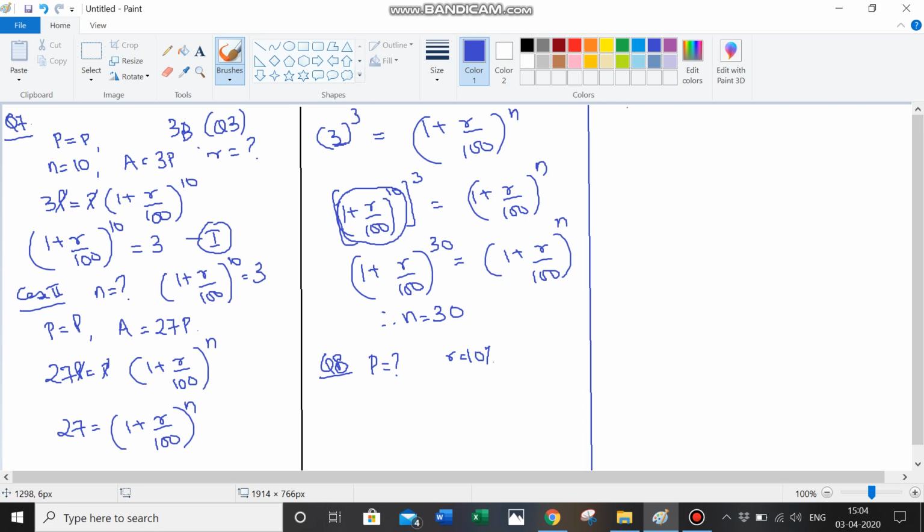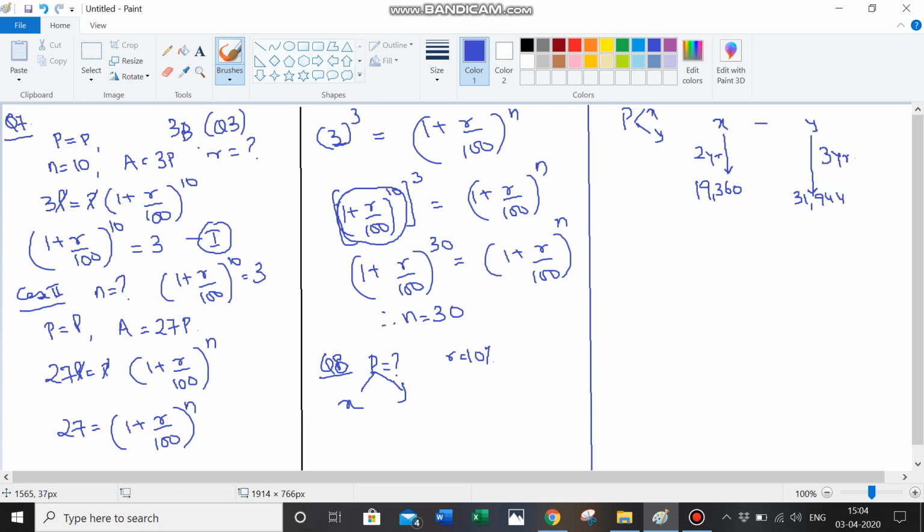I will again draw this question first visually. So let me say that there are two parts of this P, X and Y. So this is X, which gets paid completely by paying 19,360 at the end of 2 years. And there is a second part Y, which gets over completely by paying 31,944 after 3 years.